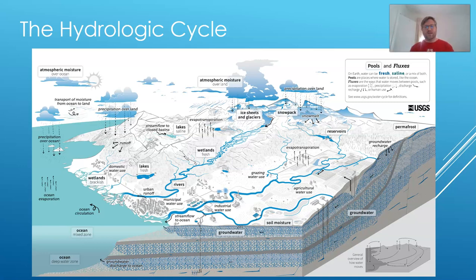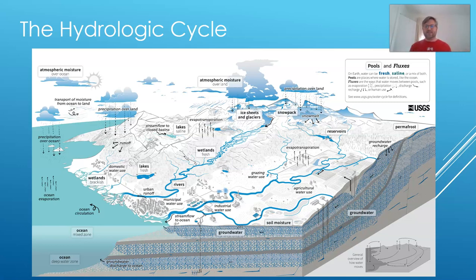That's just alternate terminology for what I've been calling stocks and flows. So depending on where you look, you'll sometimes see stocks and flows as the terminology. You'll sometimes see pools and fluxes. It refers to the same thing, right? A pool is a stock, is a place in the environment where, in this case, water can be found. A flux is a flow. It's the movement of water from one pool / stock to another.